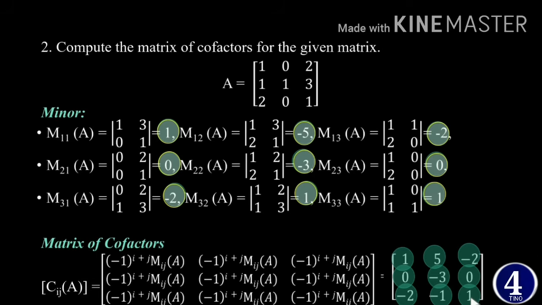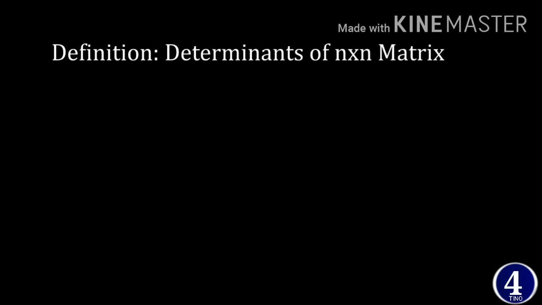Very good. Now the next step is the definition of how to determine the determinant of an n by n matrix. How do we calculate the determinant? A determinant is a function that takes a square matrix as an input and results in a scalar output.